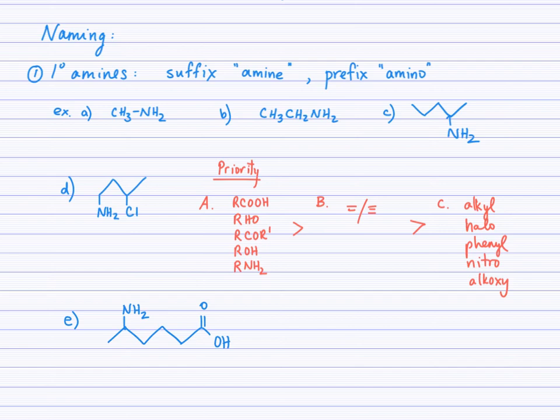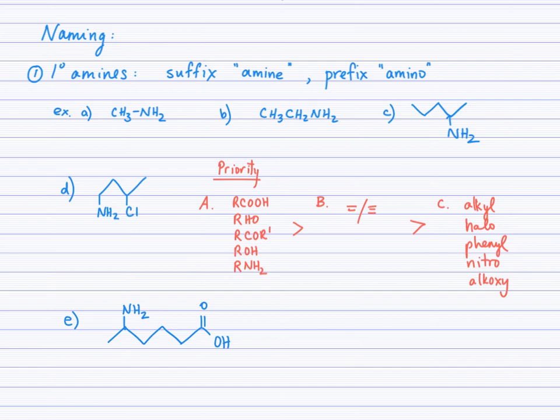And so the suffix for amines is amine. If you're going to name the amino functional group as a prefix where a higher priority functional group is present, then you would need to call that group an amino side group.